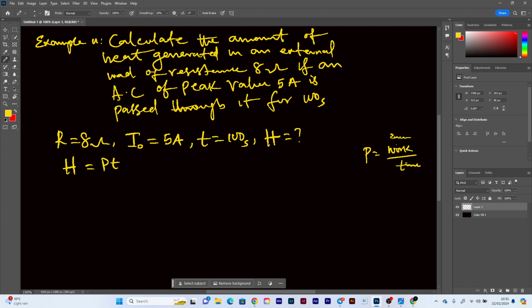This energy can be heat energy, it can be kinetic energy, it can be potential energy. So if I cross multiply, PT is equal to what? This, right? Then P is power. So what's the formula for power? Work done over time.